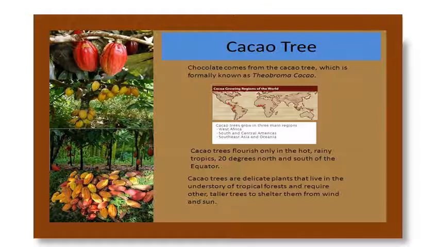Cacao trees are delicate plants. So, they live in the understory of tropical forests and require taller trees to shelter them from strong wind and direct sunlight.